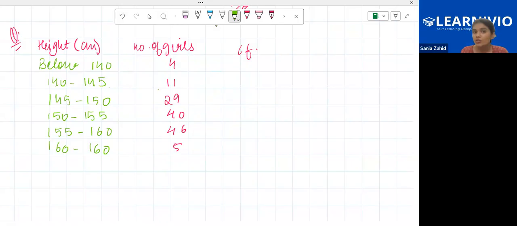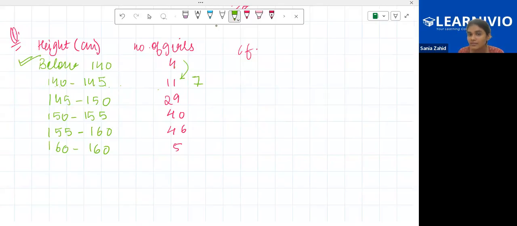That means to get the frequency of 140 to 145, you need to subtract these values. You get 7. The 11 was the number of girls who had height below 145, and now below 140 are 4 girls. So if I have changed this value, the number of girls lying in that range will also change. Now the number of girls that lie in 140 to 145 centimeter will only be 7.